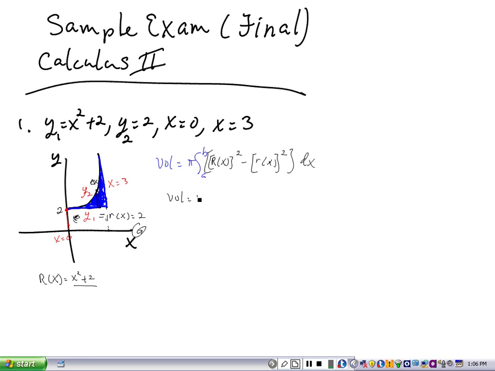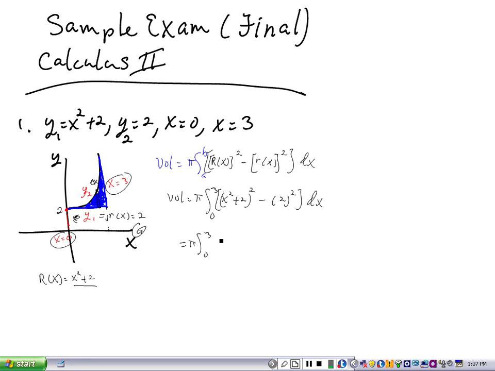So this volume comes out to be pi times, evaluating from x equals 0 to x equal to 3, capital R, the big radius, x squared plus 2, all squared, minus the little guy, 2 squared, dx. So we get pi times the integral from 0 to 3.